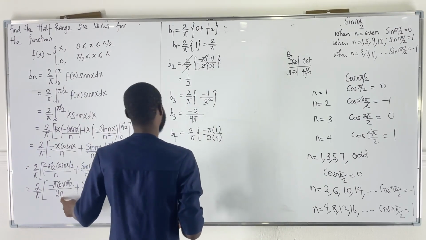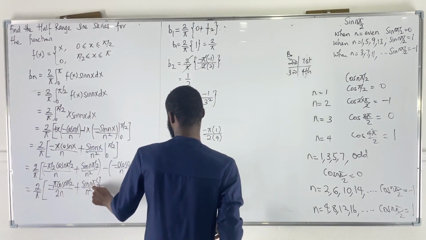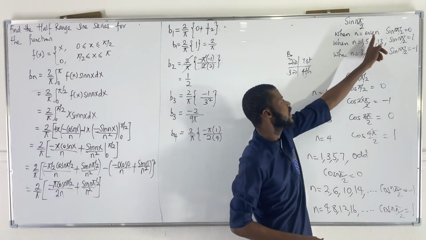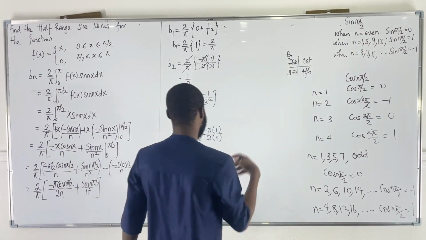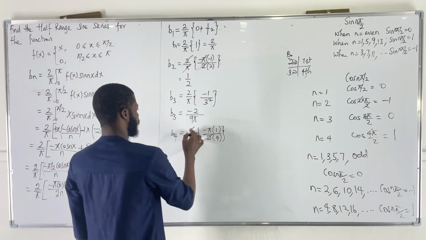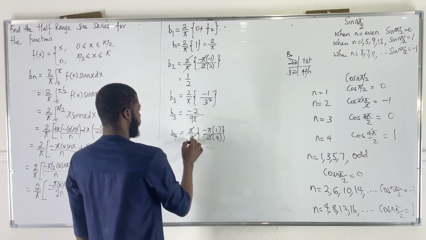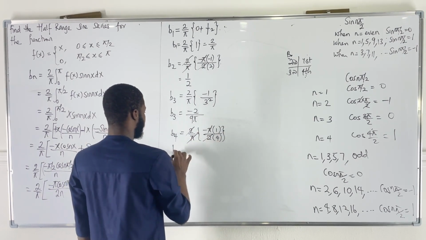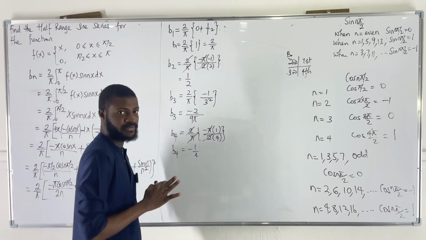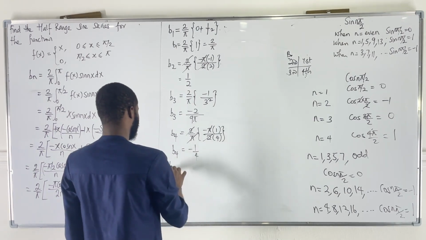Now, what is the value of sine n pi over 2 when n is 4? Whenever n is even, sine n pi over 2 is 0. So that part disappears. Now, 2 we cancel out 2, pi we cancel out pi. So b4 will become minus 1 over 4. So that's b4.